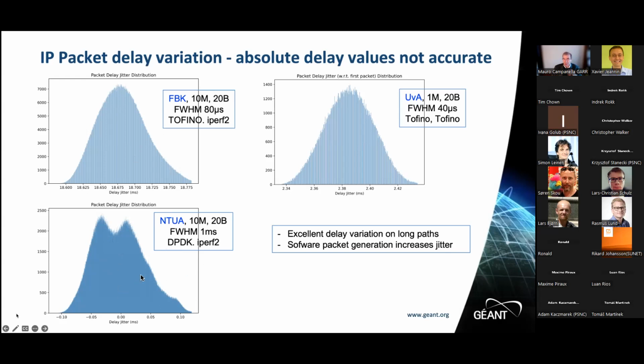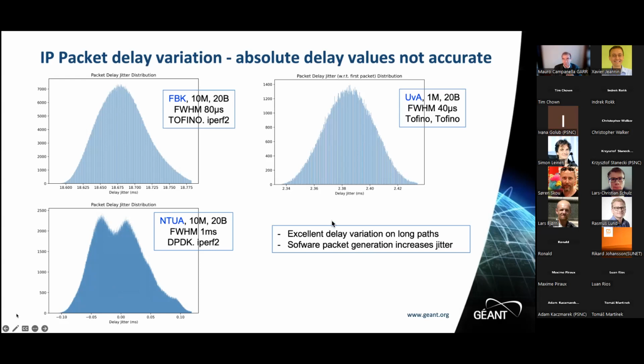But in any case, it's about 1 millisecond if you consider both prongs, which is still not too bad. This is the variation of the delay. So the delay may vary on average about 1 millisecond, but it can obviously vary more than 1 millisecond, and we have some long tails.